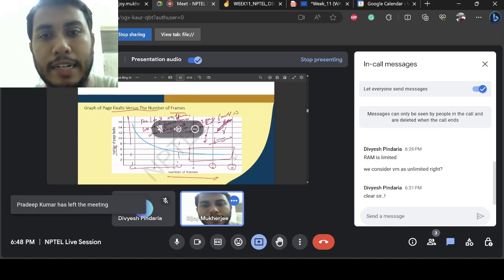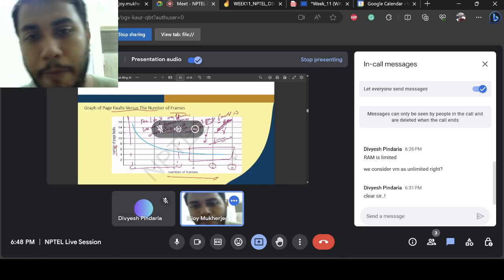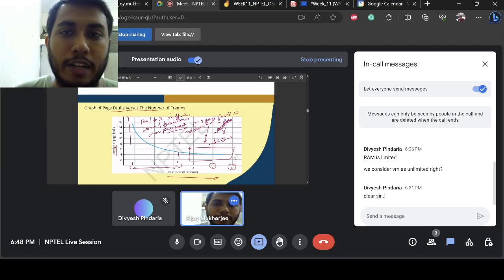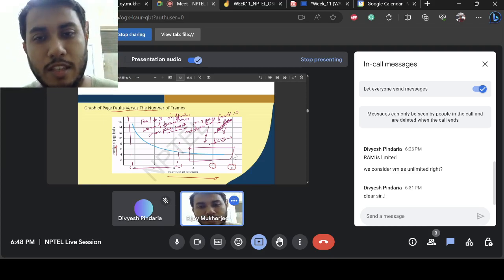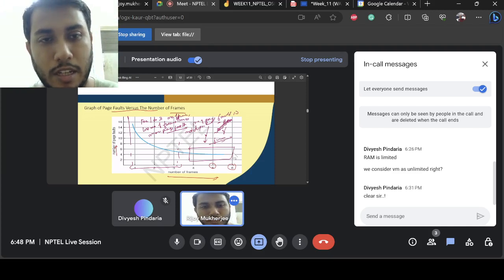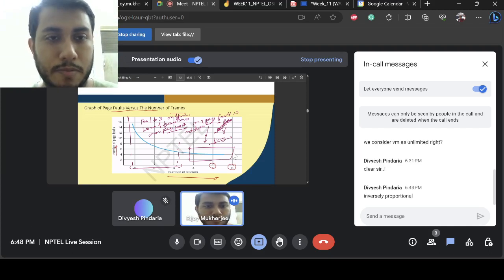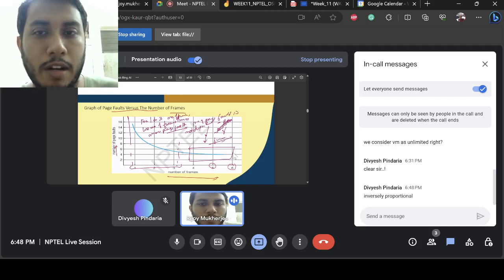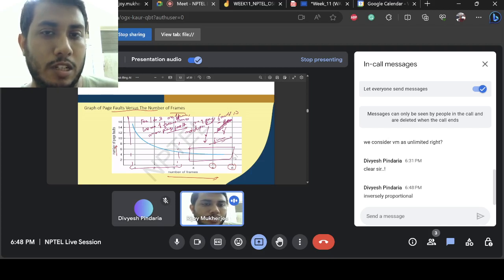So after this point, it doesn't matter how many page frames you have, 5, 6, 7, 8, the faults will be minimum, right? After a certain point, the number of frames is no more in the equation. The page faults will be the same. Not inversely proportional. Inversely proportional is only for, let's say, 1, 2 and 3 frames. After that it has no relation.